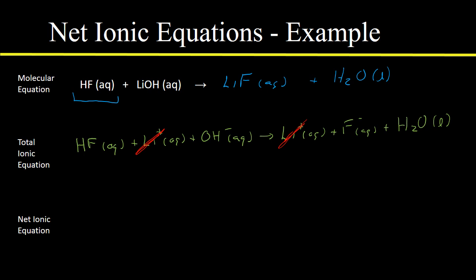Our net ionic equation is HF plus hydroxide ions give us fluoride ions and water.